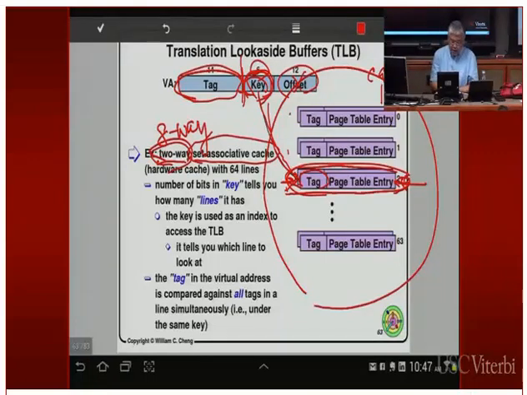All right, so when you compare against all these things and none of them has a hit, none of the tags match, you need to go through the normal address translation to find that page table entry. If you have multiple levels, you go through the page directory entry and then the page table, and that will eventually give you a page table entry.